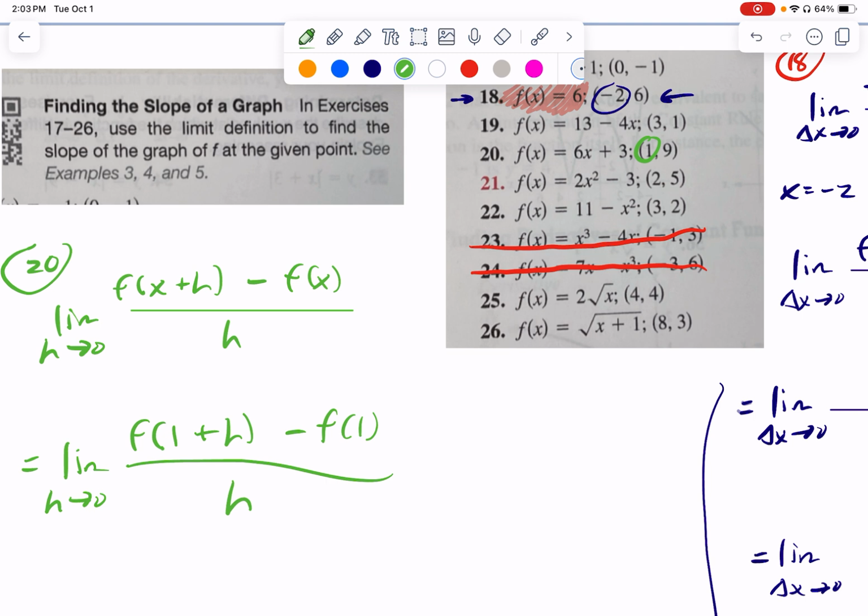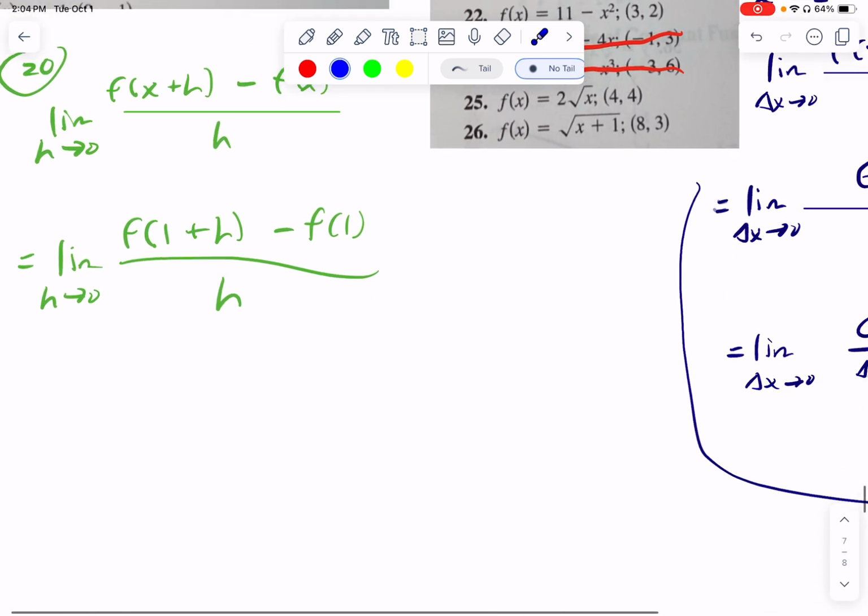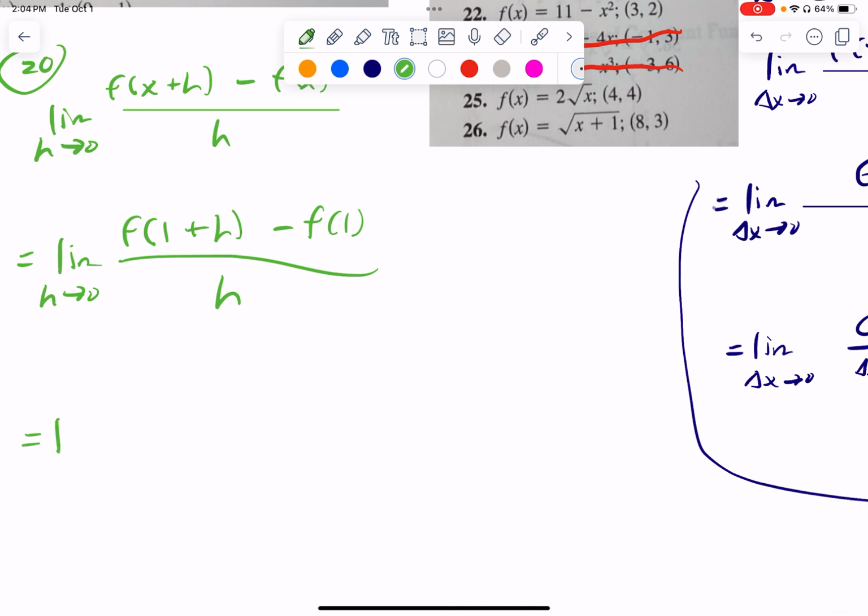Now, what is the function here? So this is the function f of x is 6x plus 3. What does it do to its input? 6 times input plus 3. So let's do that here. The rule is 6 times input plus 3.